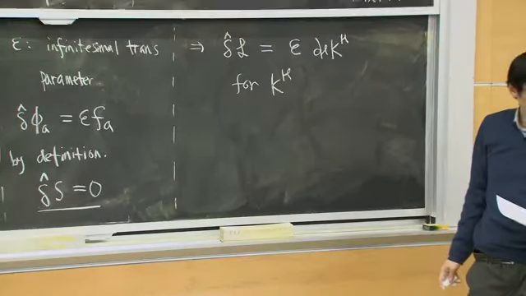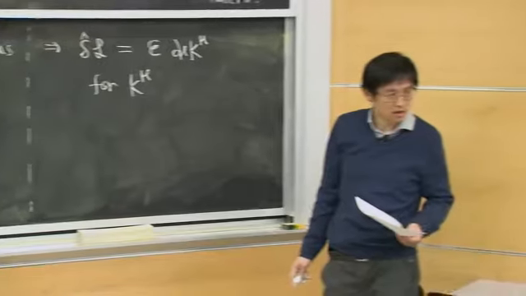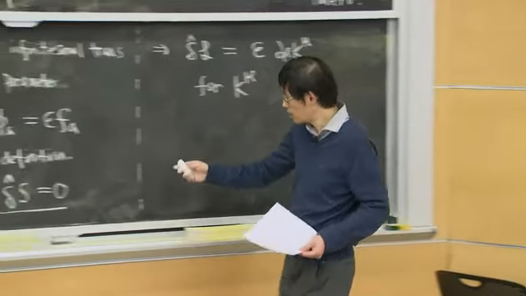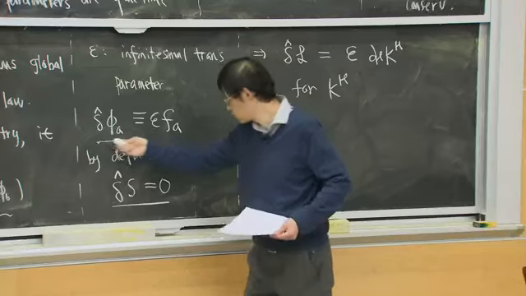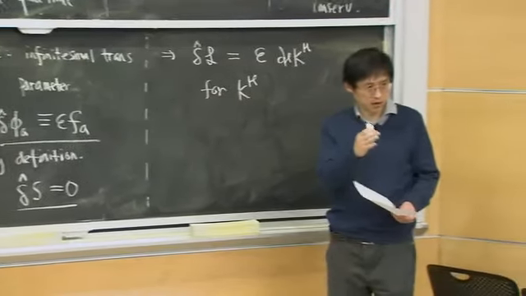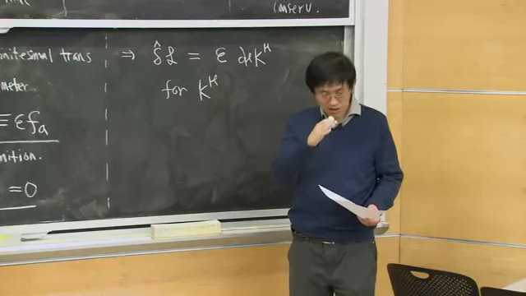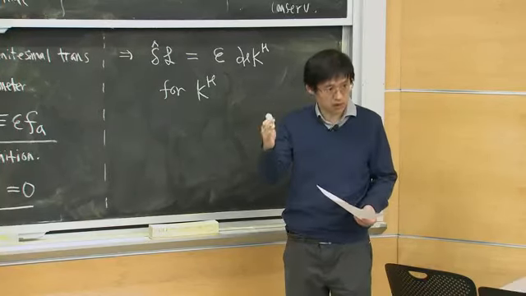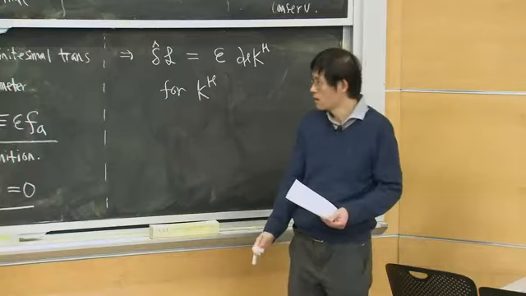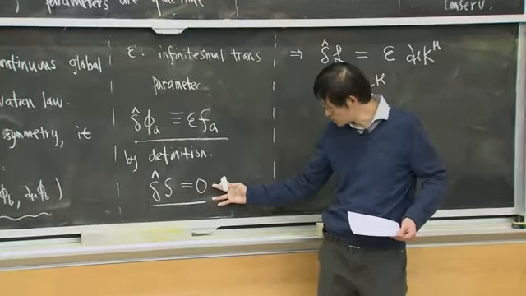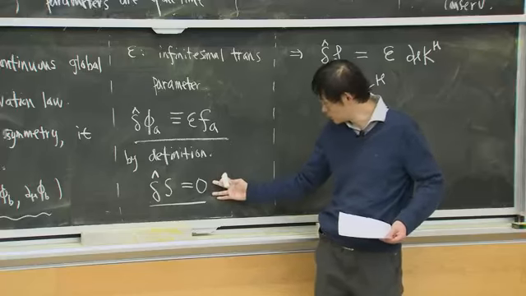Is delta hat the variation under the transformation? Delta hat just denotes such a transformation. This is not the general variation; this is a very specific symmetric transformation. Under the symmetric transformation, your action should be invariant by definition because this is a symmetry.